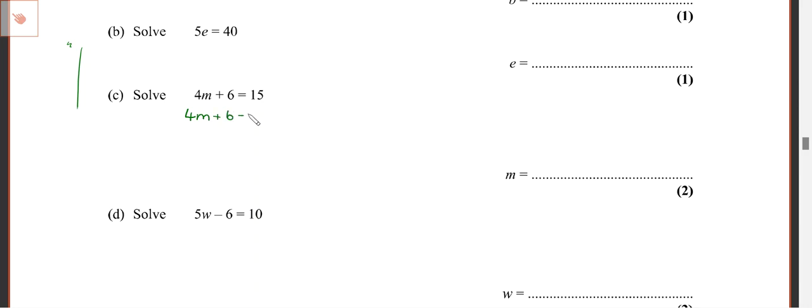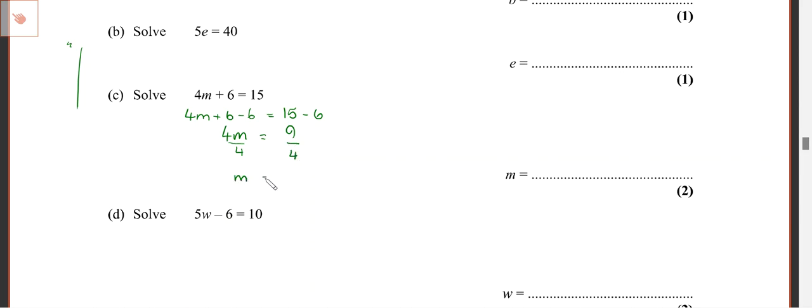Now let's do the subtract of 6. So the answer will therefore also be 6 less. So that means the 4m must have equaled 9. This one is going to be a decimal. The second step is to divide by 4.